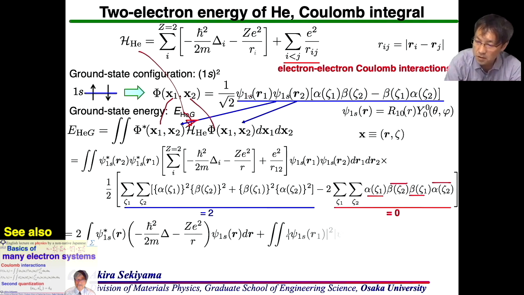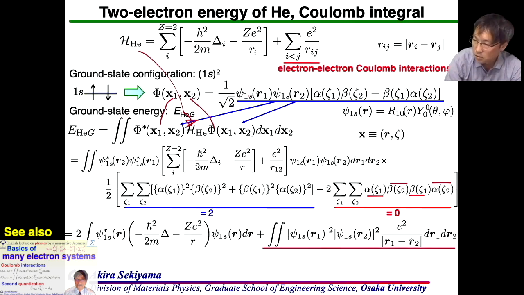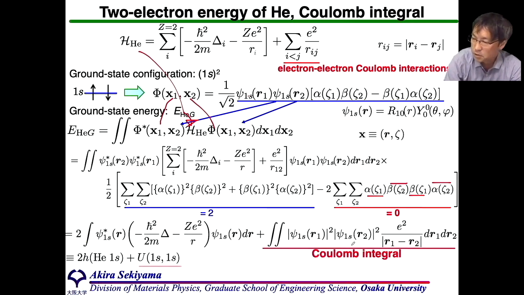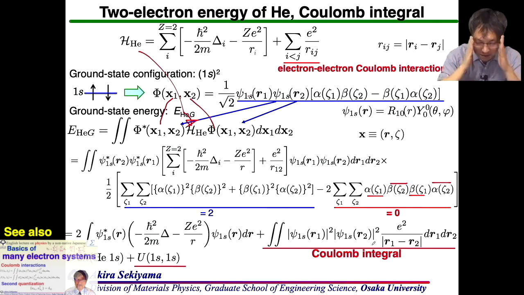The total energy can be divided into this part and this part. This one represents a Coulomb integral. But to fully understand the electron-electron interaction, another term is required.